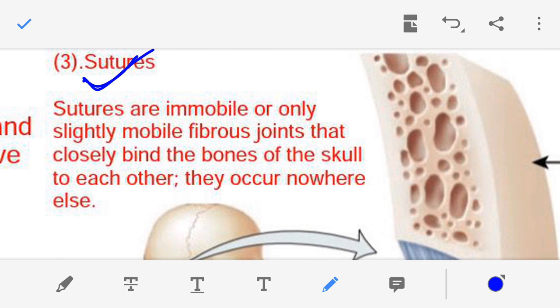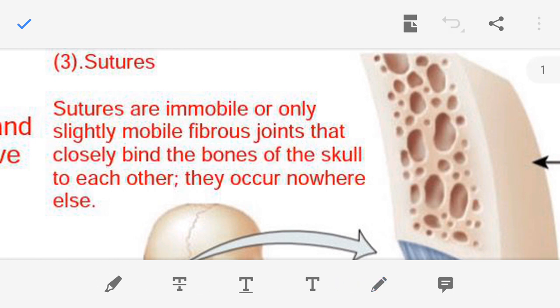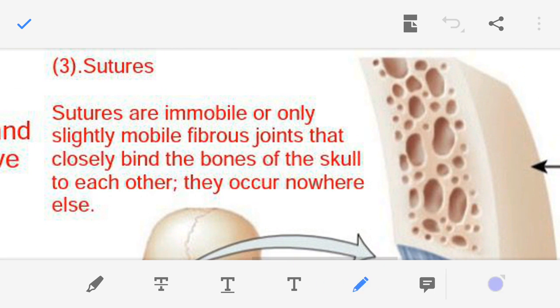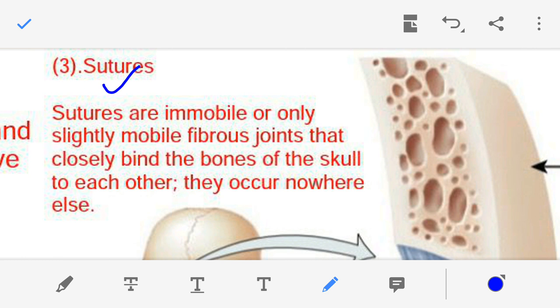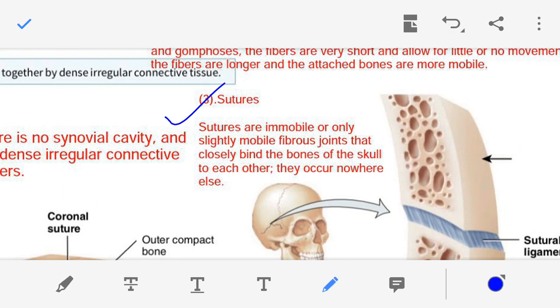Sutures are the immobile or slightly mobile fibrous joints, and they are closely binding the bones of our skull to each other. And in between the skull bones the sutures are present and they are not present anywhere else in our body. So they are only present between the skull bones.